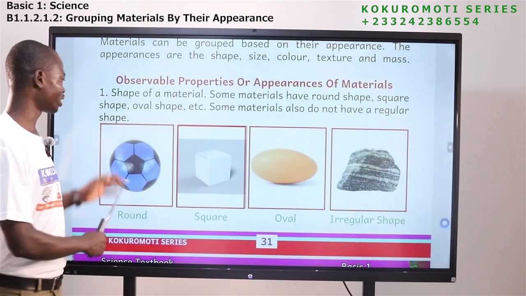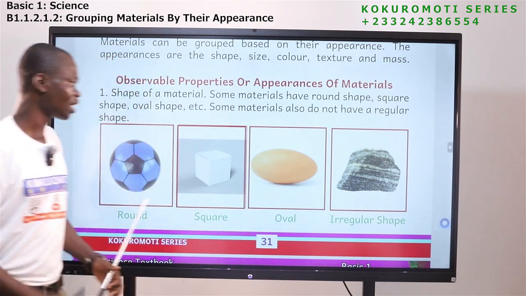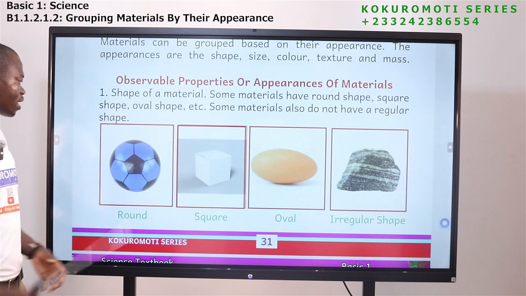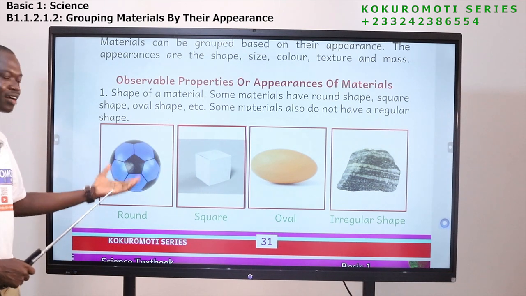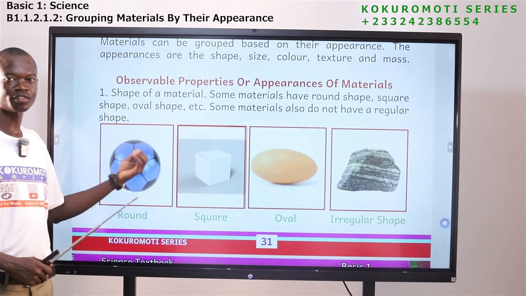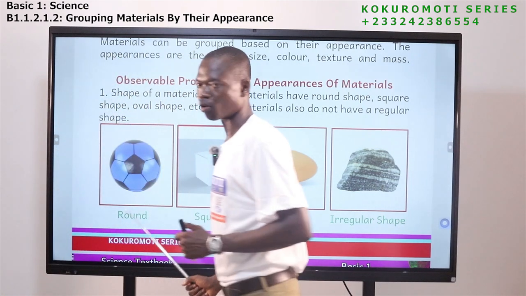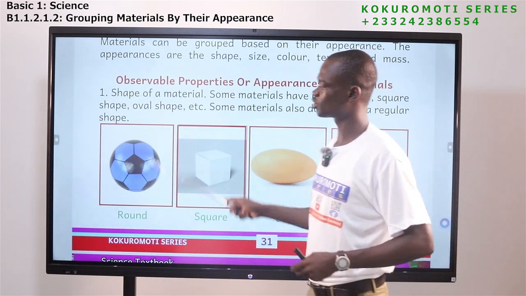Group it. So let's say you have ball, you have box, you have this, you have this. And now I give you another thing. This is ball. If I give you another round thing like tennis ball, table tennis ball, you see it also has the same shape like this.